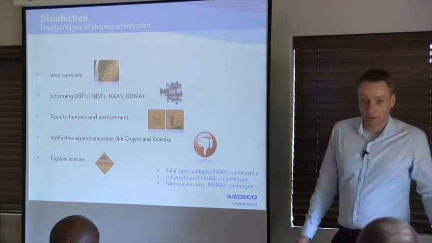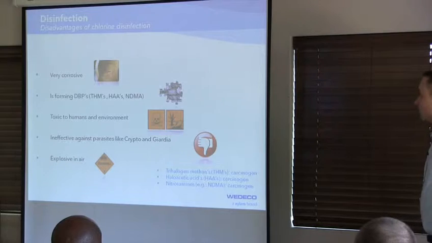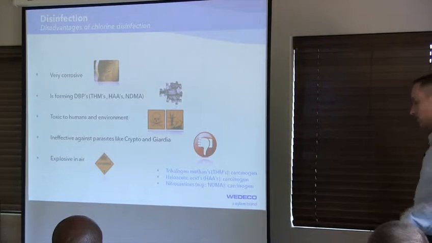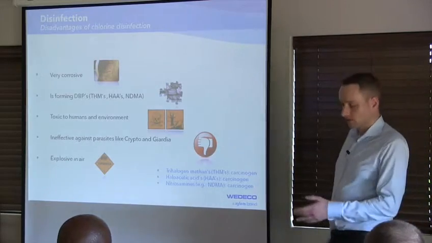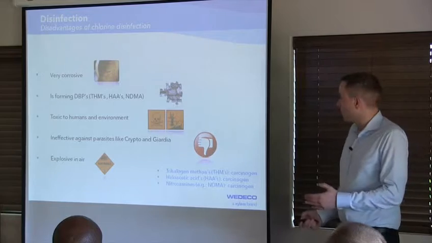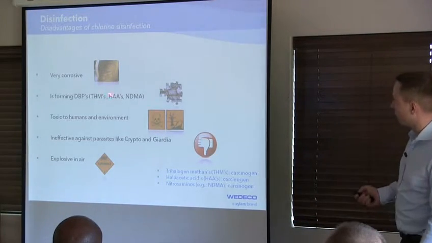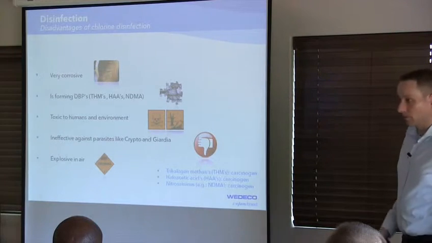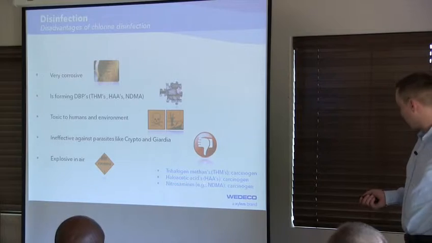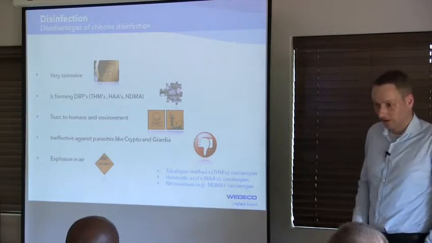Chlorine is corrosive. It's very corrosive. It's dangerous to store, and if you want to disinfect with chlorine alone against protozoa, then you have to dose so much chlorine into the water that you're beginning to form byproducts like trihalomethanes, haloacetic acids, and nitrosamines, and all of those are carcinogenic.